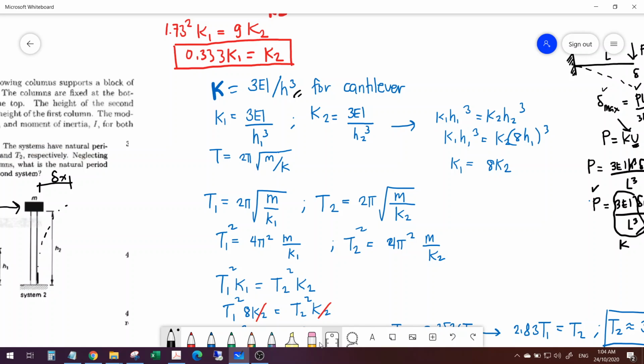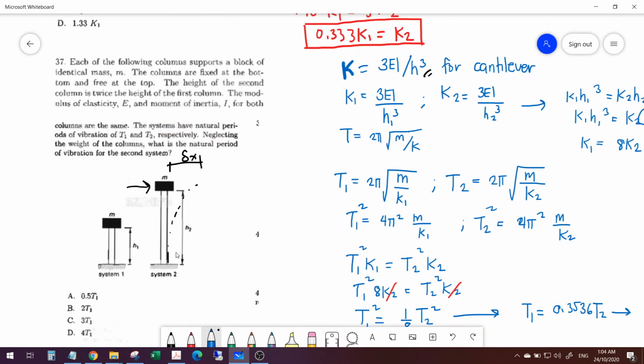So this should be 8 H1 cube. Okay. So cancel out the H1, you will get K1 is equal to 8K2. So therefore, since double yung height ng H2, therefore yung stiffness nung system 1 is 8 times the stiffness of K2. Okay.